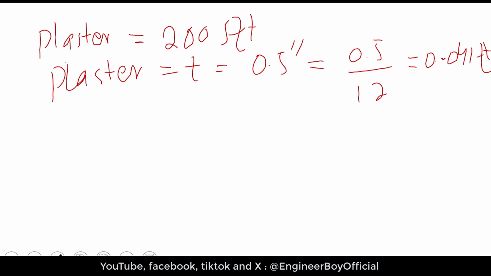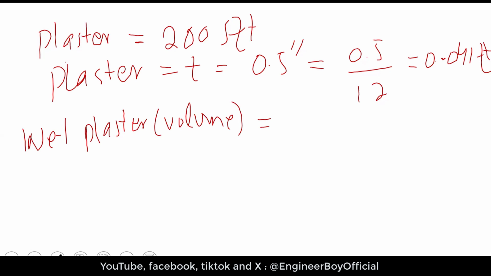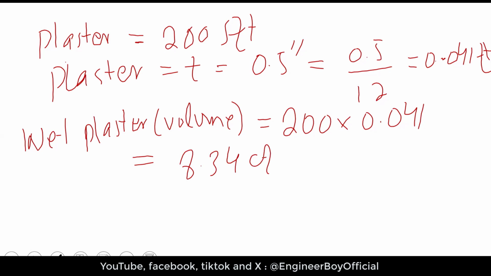Now you have to determine the wet volume of the plaster. You just take the area times thickness, which is the same thing as volume. So we have the wet volume, and if I'm not wrong, this should be 8.34 CFT.